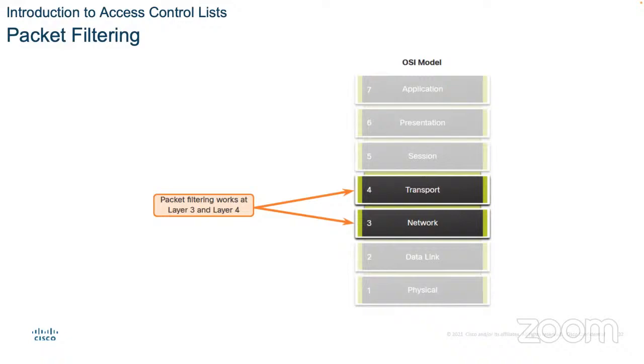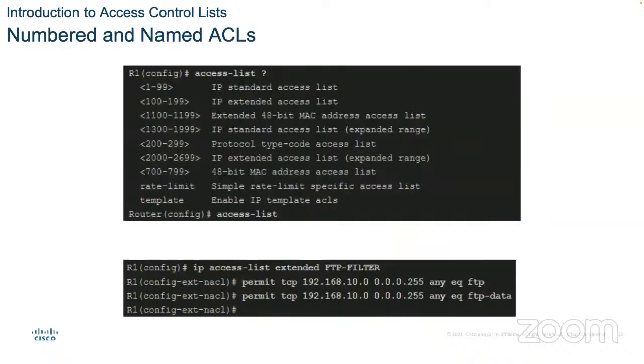Correct. Sockets. Any ACL with the number 1 to 99 or 1300 to 1999 is considered a standard ACL, while anything 100 to 199 or 2000 to 2699 is called an extended ACL.